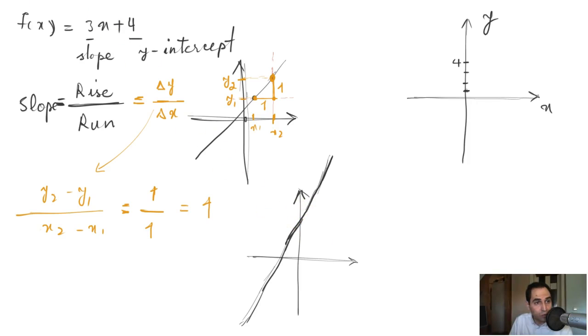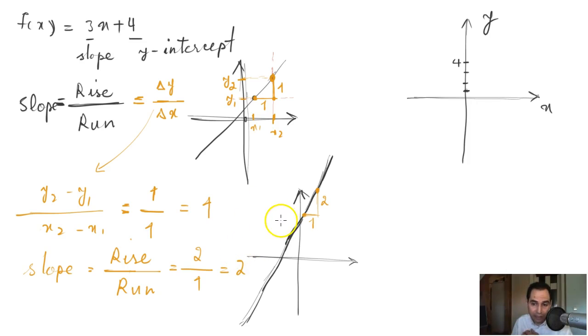Now if I take any 2 points on the graph of this function, for example this point and this point, I have to run this many units and I have to rise this many units. If I take this as 1 unit, this would then be 2 units. So in the case of this function, the slope is rise over run, and your rise is 2 units, your run is 1 unit, so the slope of the function is 2.